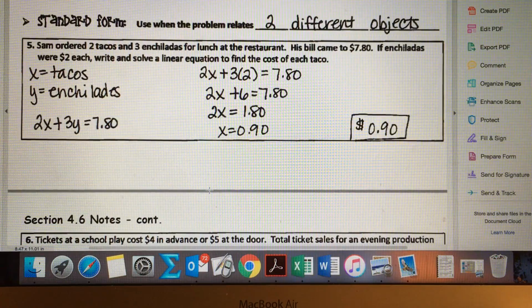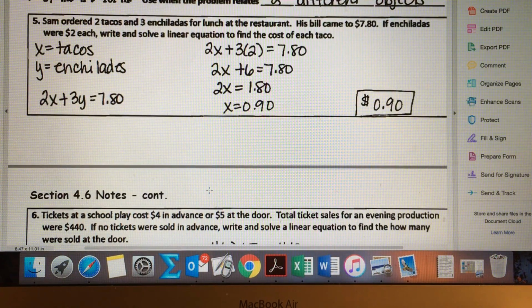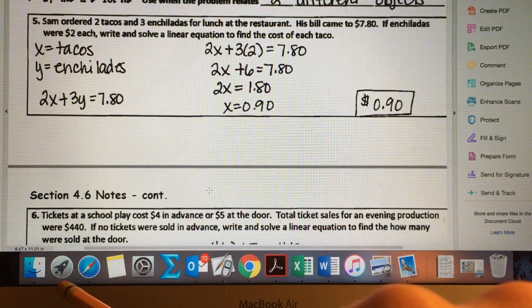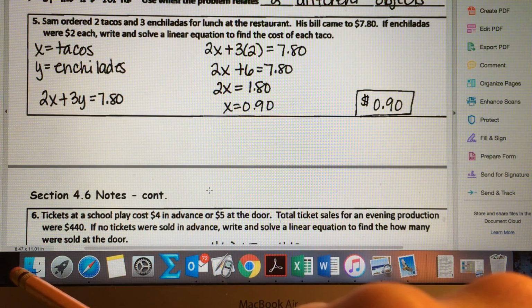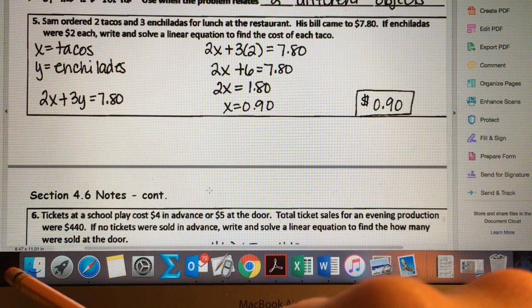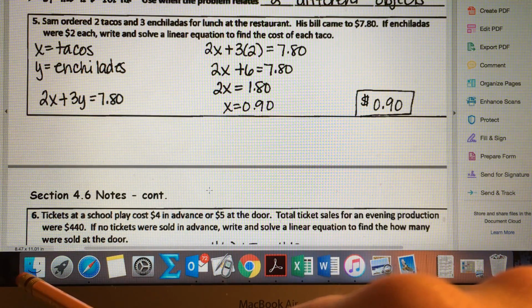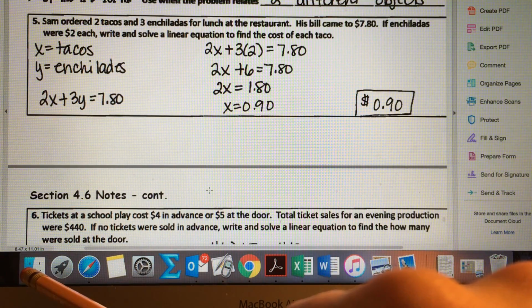Okay? So let's look at this next problem down here, number 6. Tickets at a school play cost $4 in advance and $5 at the door. Total ticket sales for an evening production were $440. If no tickets were sold in advance, write and solve a linear equation to find out how many were sold at the door.